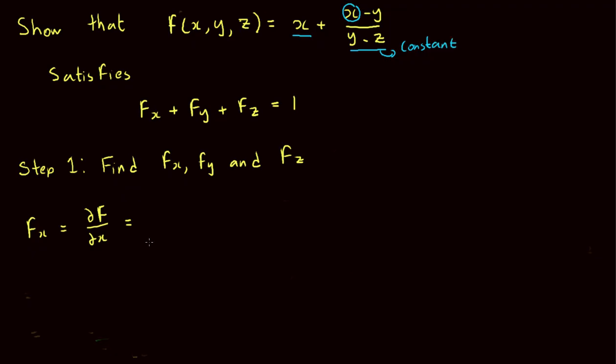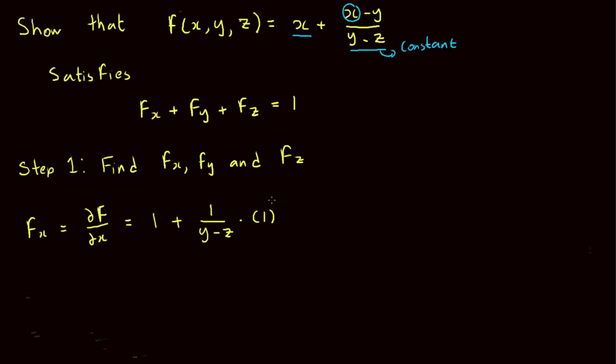So moving on, this will become 1, and this one is simply x minus y. No, hold up, sorry, it's not right. So this one we write as 1 over y minus z, because it's just a simple constant times 1.